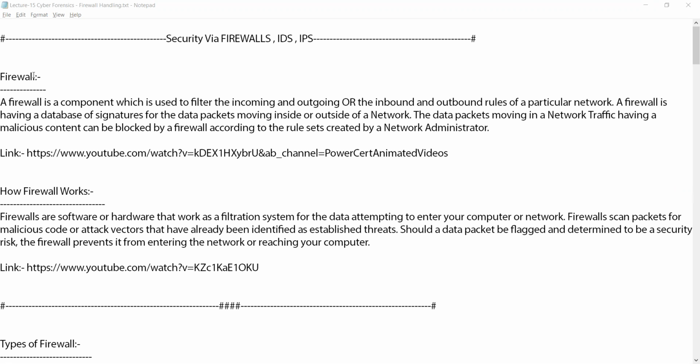If any threat or intruder tries to come into the network, the firewall blocks it, removes it from the network, and drops that packet. Should a data packet be flagged and determined to be a security risk, the firewall prevents it from entering the network or reaching your computer. This is the complete working process of the firewall.